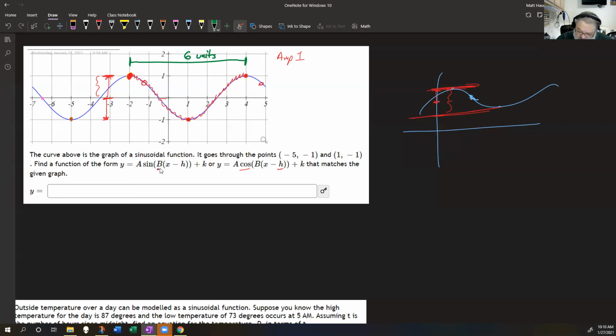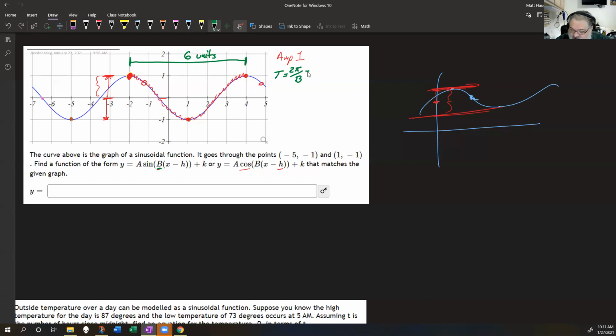So does that make our B 6? No. Our B has to cause the 6 to occur. Our period is supposed to be our natural period, which in this case is 2 pi, divided by that compression factor.